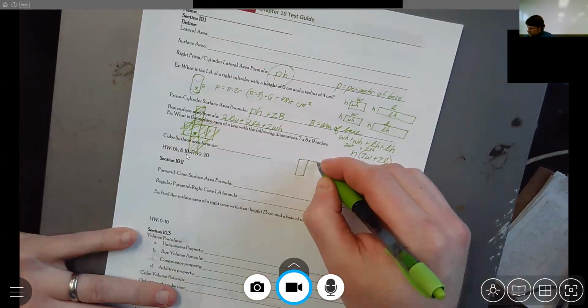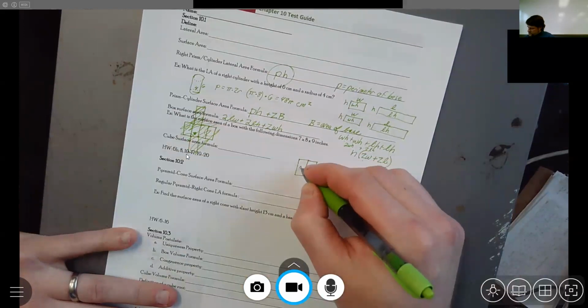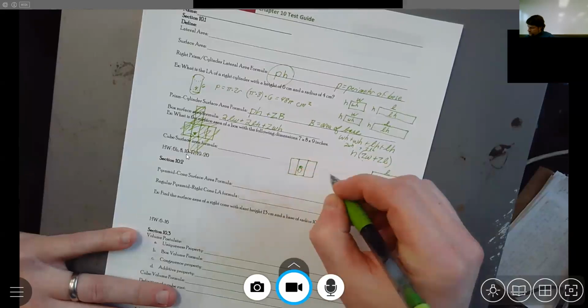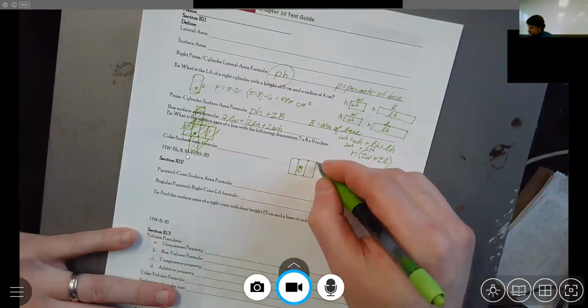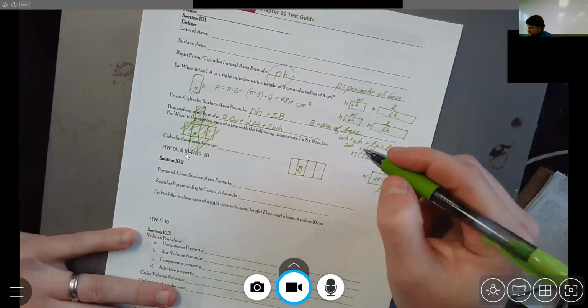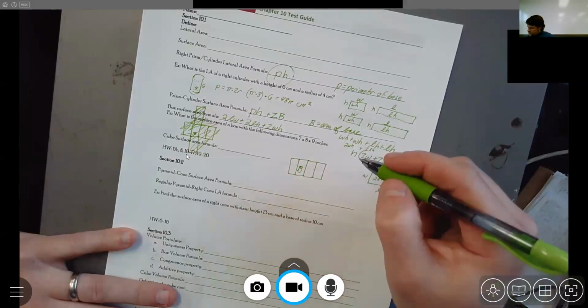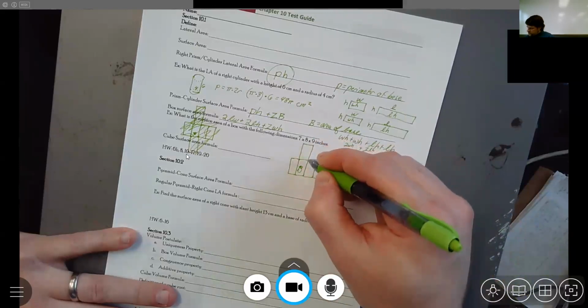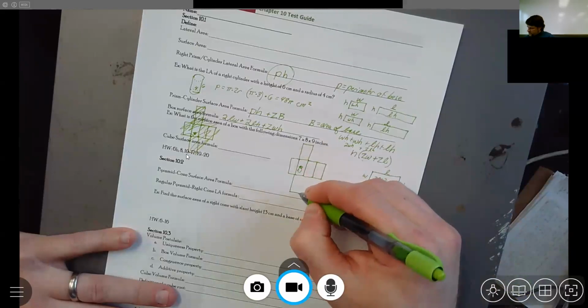So I'm going to say this is my base. I've got my two sides. Then this would be the top. So I did it right over there, I just didn't have the room I wanted.